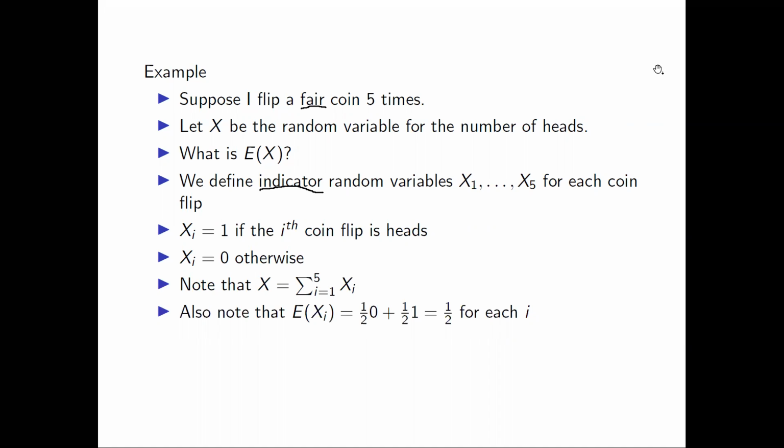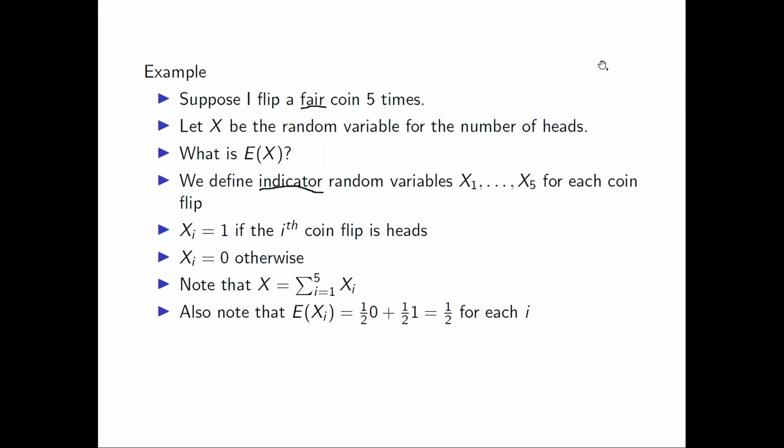So the probability that it's 1 is 1/2. The probability that it's 0 is also 1/2. So we can write the expectation of xi as 1/2 times 0 plus 1/2 times 1. And that gives us 1/2. And that's for each i.